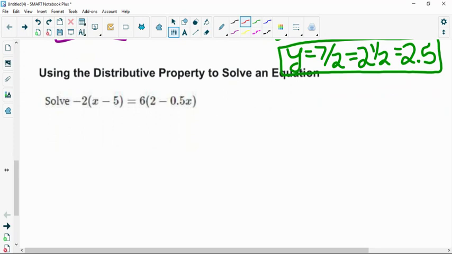This next example has parentheses, which means we need the distribute step.